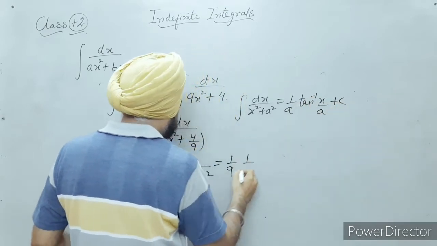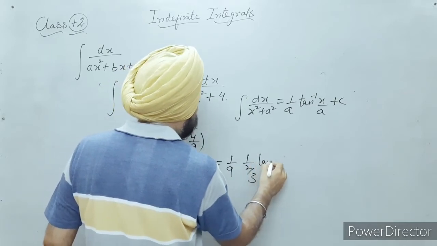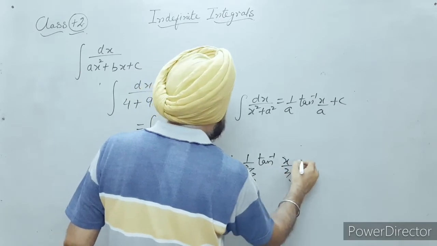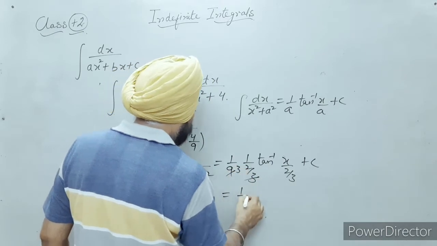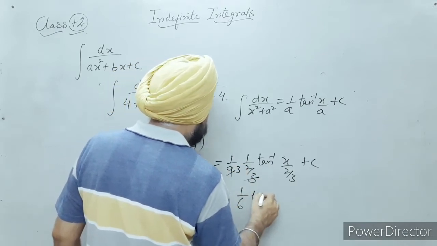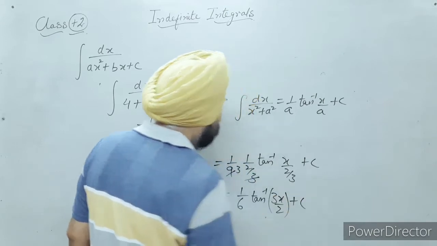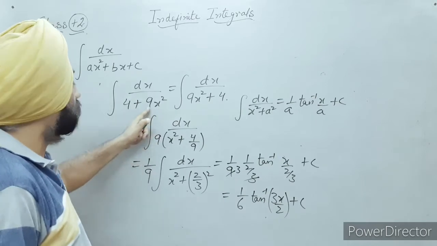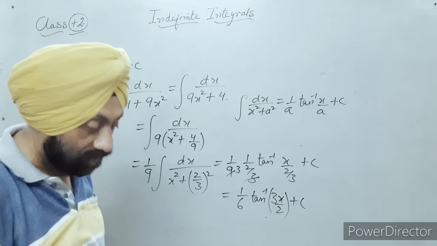This becomes 1 over 6 tan inverse 3x by 2 plus c. This is the answer. So make sure to make the coefficient of x square unity before applying any of these 6 formulas.